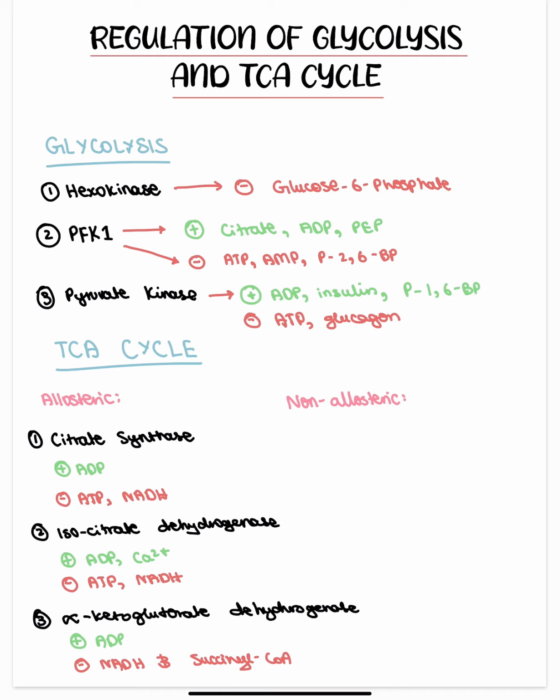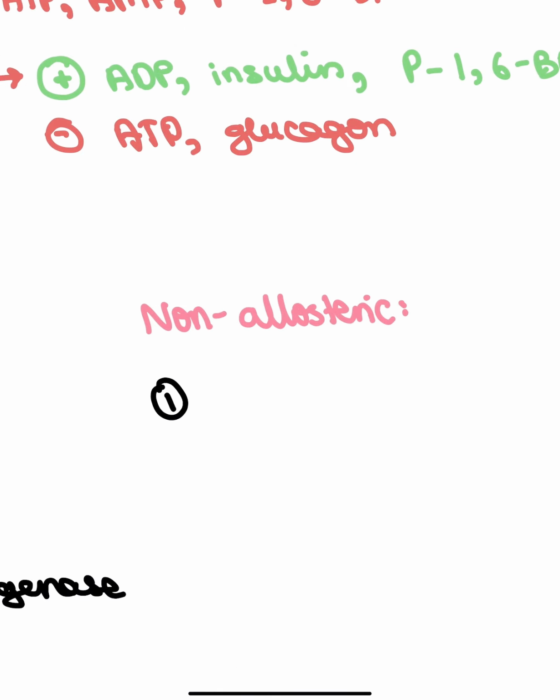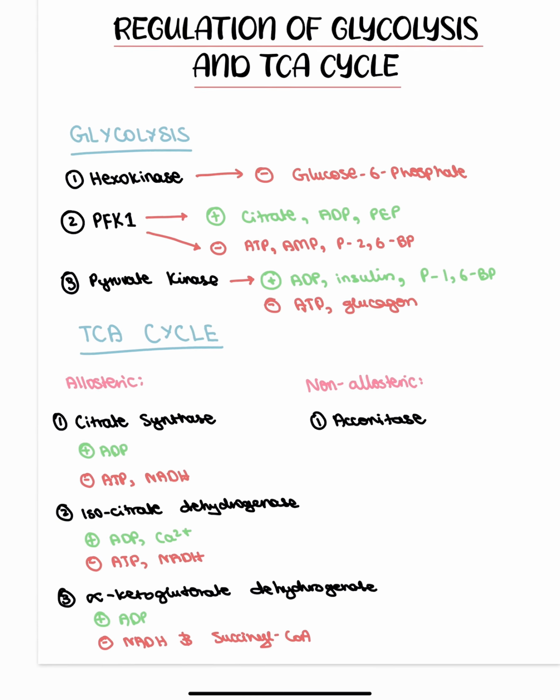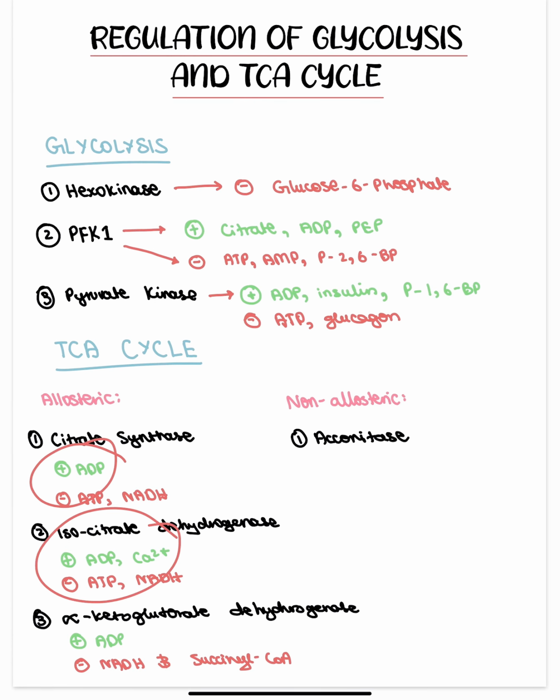Let's have a look at the non-allosteric. We have 3 of those as well. The first one is aconitase. Aconitase gets inhibited. Non-allosteric just means that it only gets inhibited. It doesn't get stimulated like these ones here.